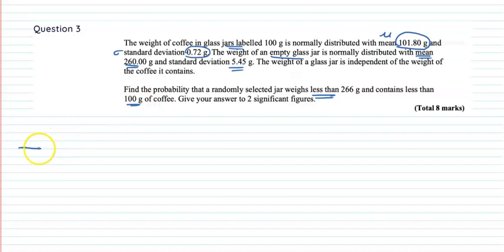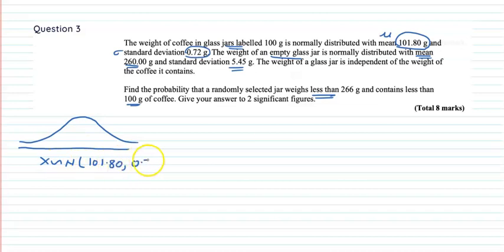So let's draw the bell-shaped curve first for the first information here. Here mu is 101.80 and the standard deviation is 0.72, so x is distributed normally with mean 101.80 and variance 0.72 squared. And for the jar, you need to find x less than 266.